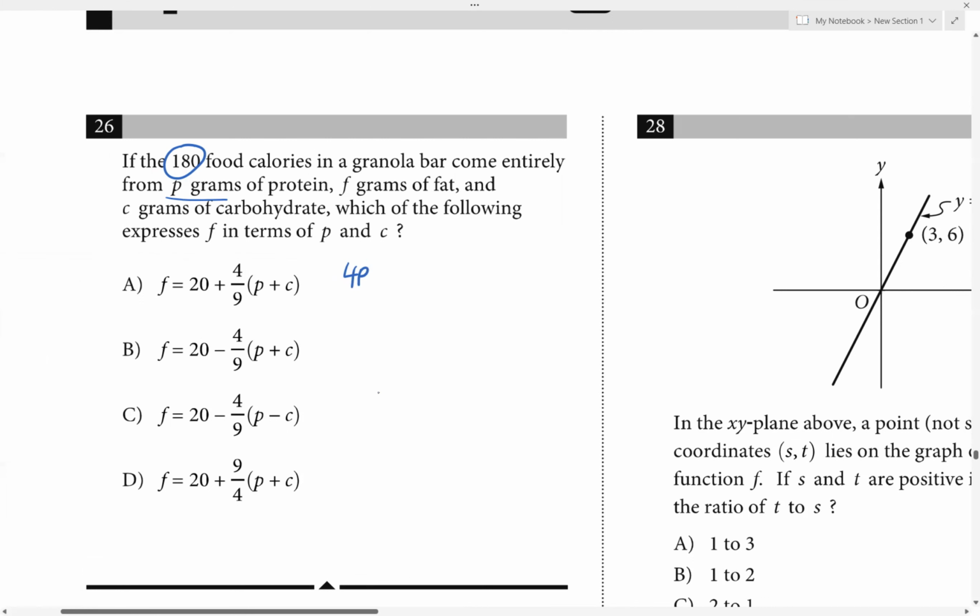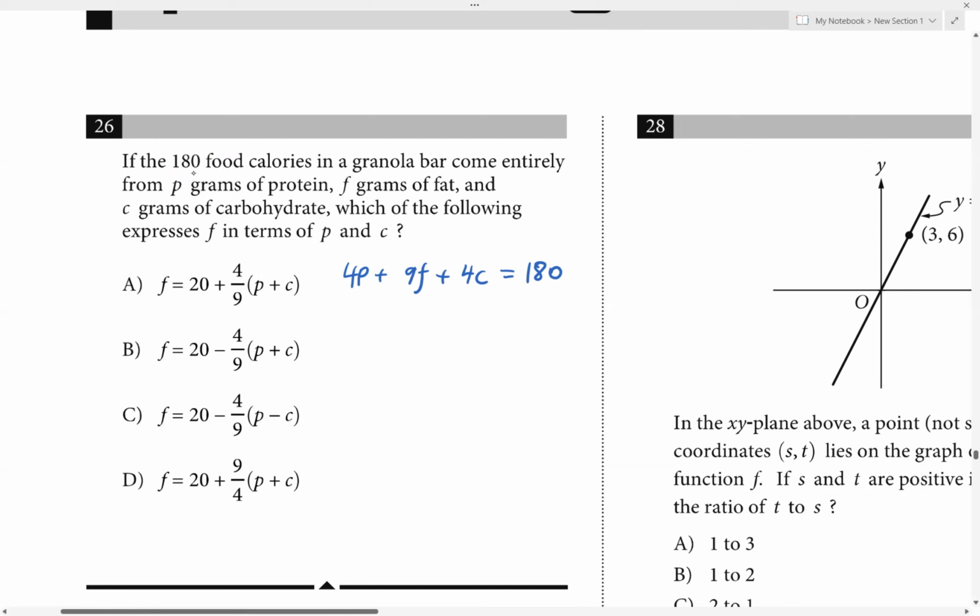Similarly, we have F grams of fat, and each gram of fat has 9 calories, so it'd be 9 times F. And then C grams of carbohydrate, each gram has 4 calories, so it'd be 4 times C. Okay, so we can add them together, and that should equal the total amount of food calories, which is 180. Okay, and this is our equation for this one.